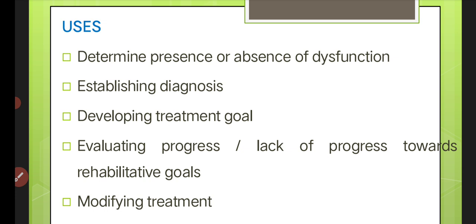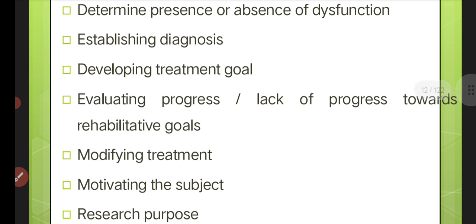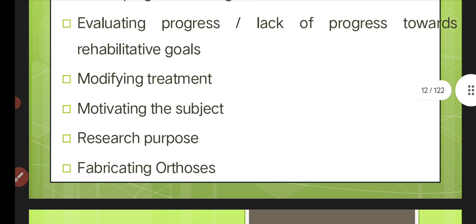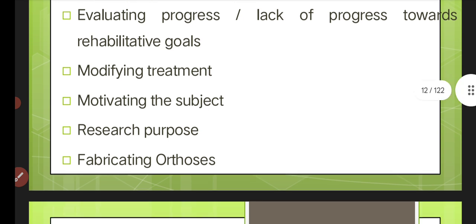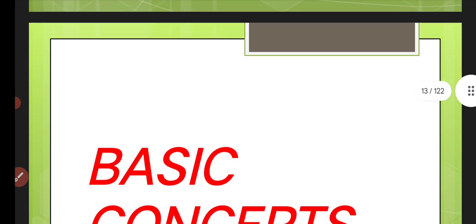Number four, evaluating progress or lack of progress towards the rehabilitative goals. Number five is modifying the treatment protocol. Next, motivating the subject. Number seven is research purpose, and number eight is fabricating the orthosis.